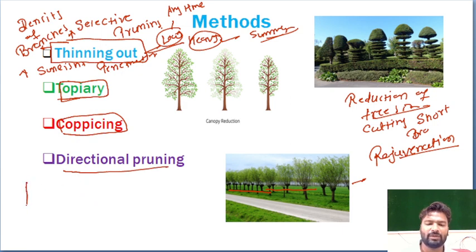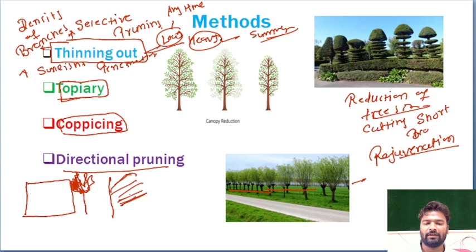This is the example: if there is a wall and your tree is there, you prune this side, so next time the plant grows by this side only. So this is called directional pruning. So these are the methods of pruning. This is topiary, this is normal thinning out, this is coppicing, and this is directional pruning, meaning in what direction you want to prune.